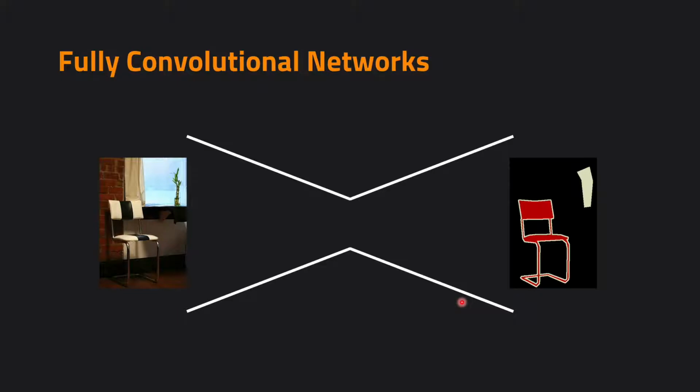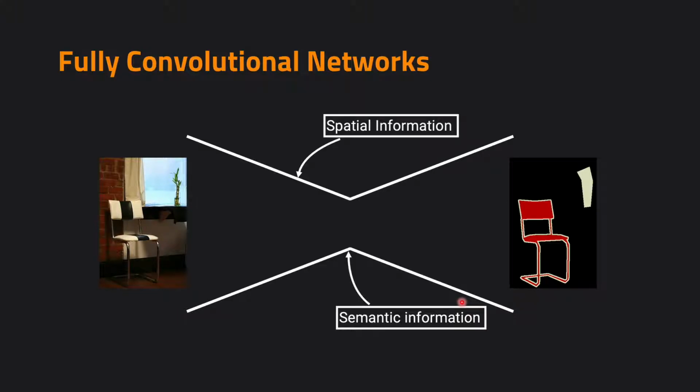And then we have a very deep network, which has strong semantic information, and we have lower layers which have higher spatial information but weaker semantic information. The goal here is we want to upsample the semantic information and combine it with spatial information so that we can get the best of both worlds.